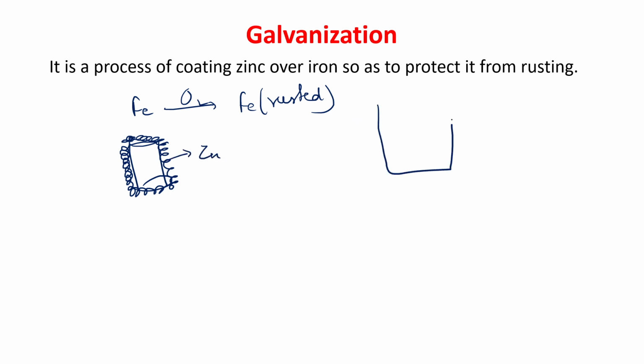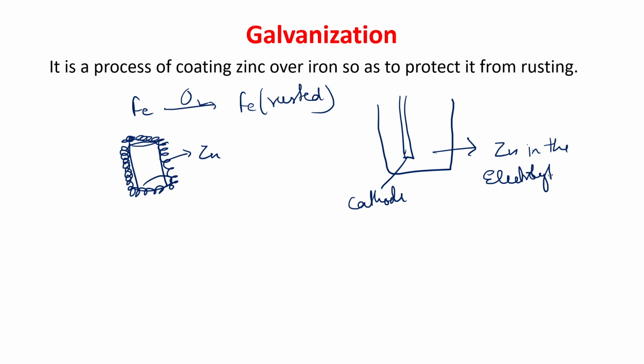We can do it by taking this iron as the cathode and providing a solution of zinc in the electrolyte. So what will happen on electrolysis? At the cathode, reduction happens. The zinc 2 positive ions will start depositing over the iron surface, and that's how the galvanization will work.